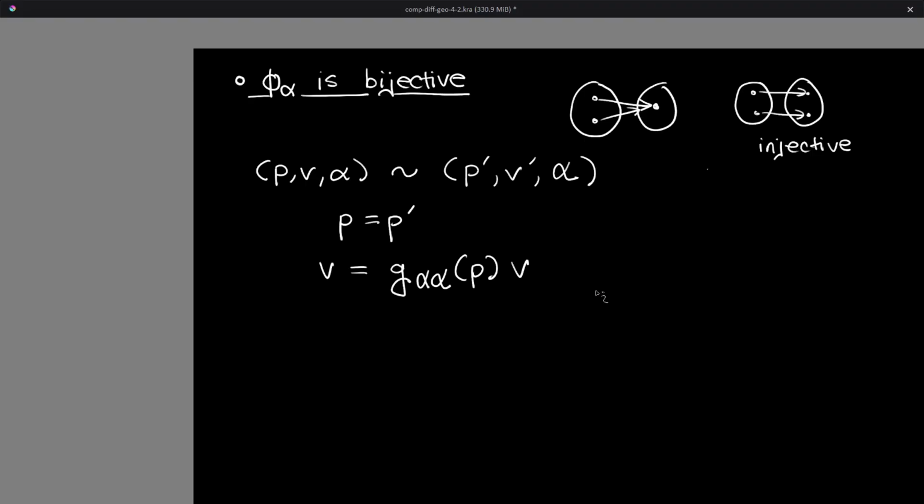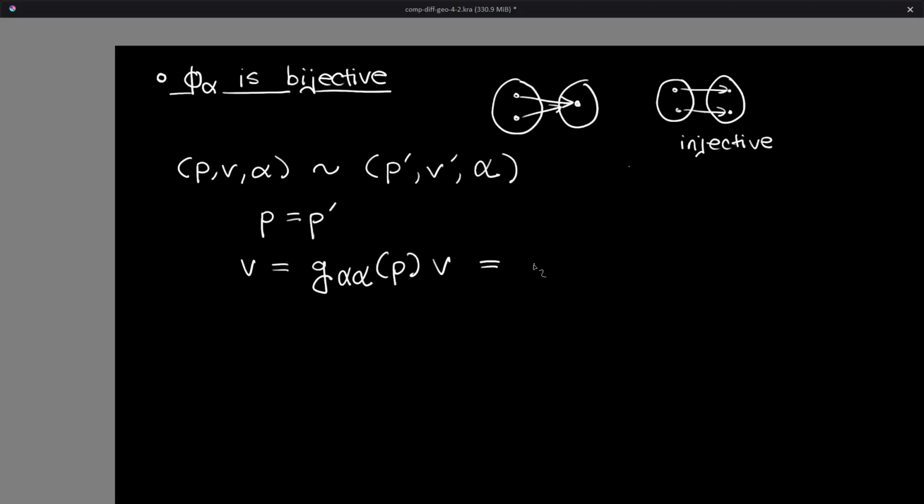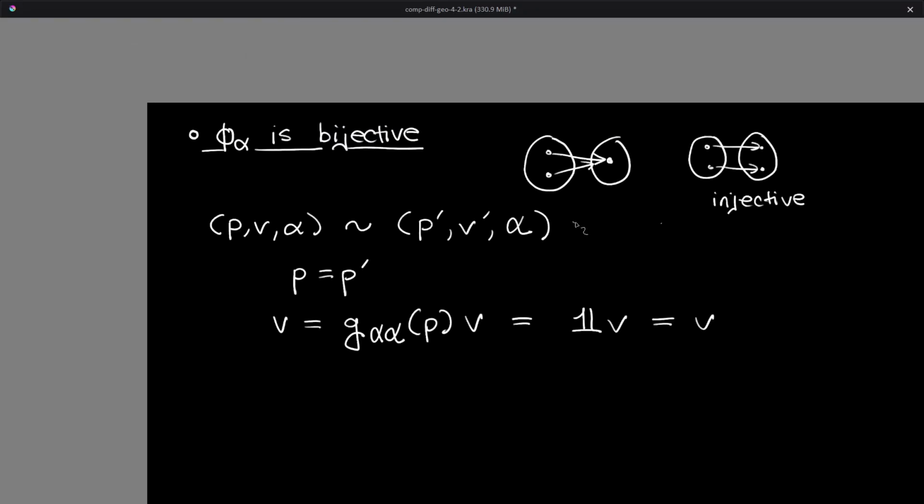Remember what the conditions were. G alpha alpha is actually equal to the identity map. So this means that this is equal to the identity times V, which is equal to V, which means that P prime V prime alpha is actually equal to P V alpha. And there we go.